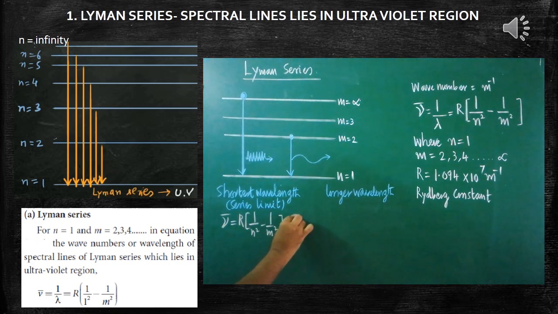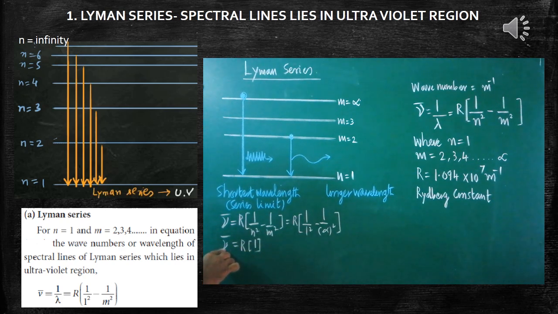Substitute here. R into 1 by 1 square minus 1 by infinity square. Are you clear? So after calculation you will get nu bar as R. Here this value becomes 1. 1 by 1 is equal to 1.